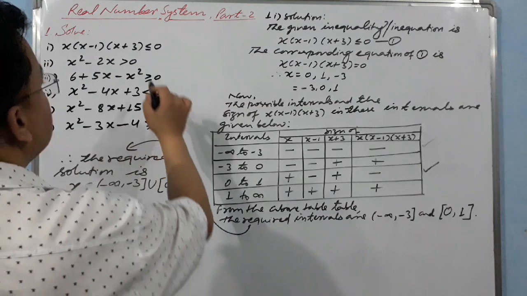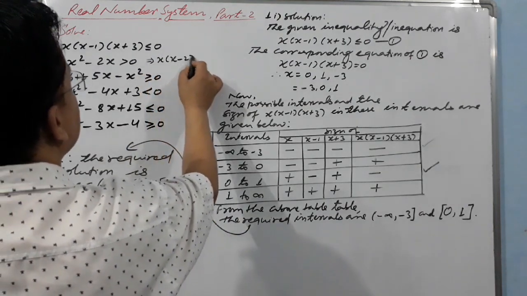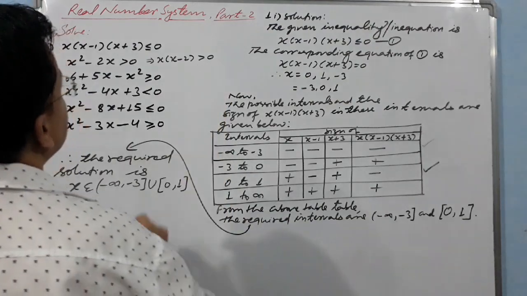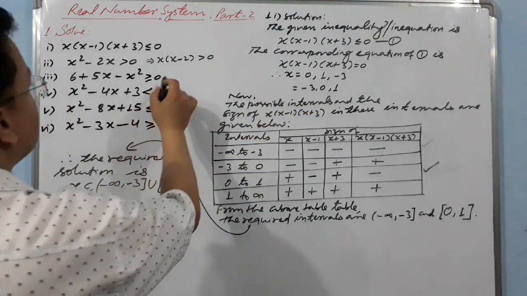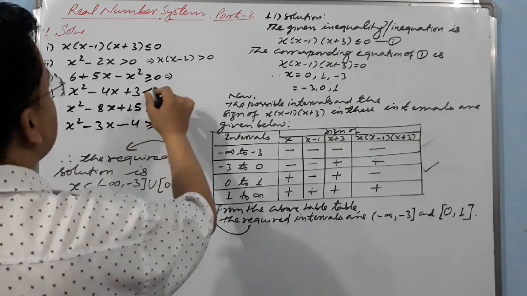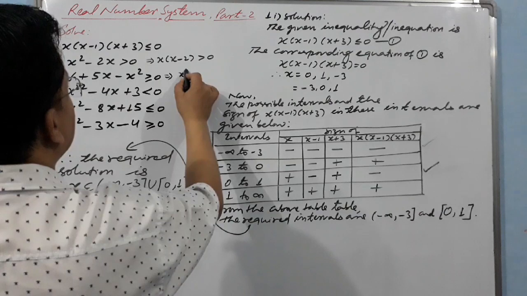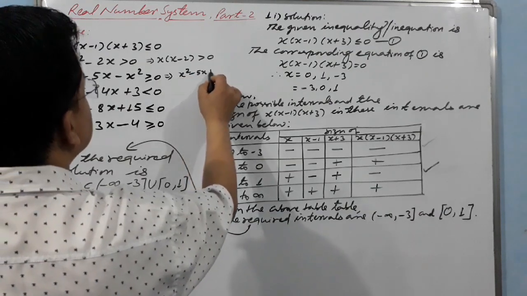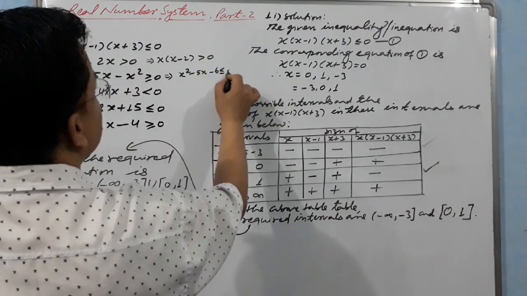Here, I'm going to tell you, you can just write down like this: x squared minus 2x greater than or equal to 0, and then you can proceed this way, right? And here, one more line: you will change the sign first. x squared minus 5x minus 6, here negative, less than or equal to 0.